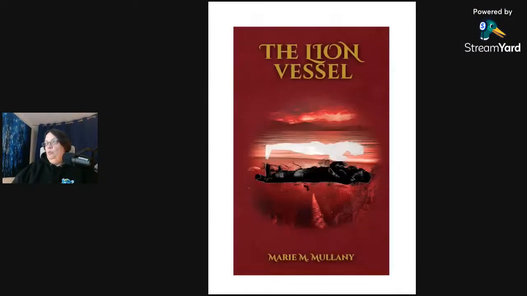So I've got an example here from my own work, which is from The Lion Vessel, my third book. This conversation takes place directly after a battle, and it's basically a whole group of people discussing the post-battle situation. It's from the perspective of the emperor, who's uncertain on his throne because he's in the middle of leading a rebellion.